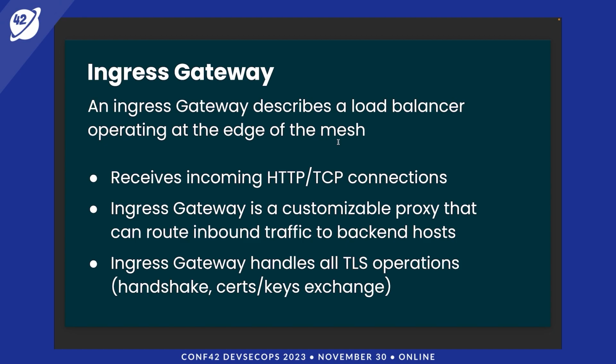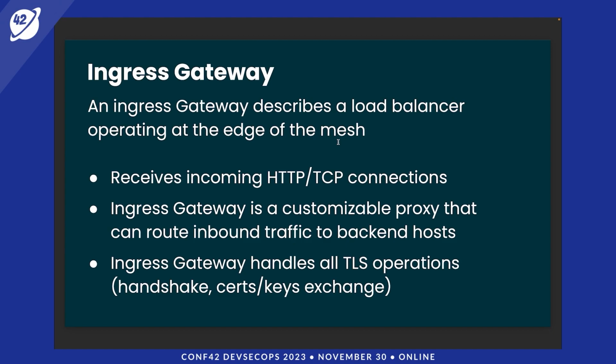So this is where the Istio ingress gateway comes into the picture, and it serves as an entry point to any incoming traffic. All the incoming traffic goes to the ingress gateway, and from there it gets forwarded to the downstream services.